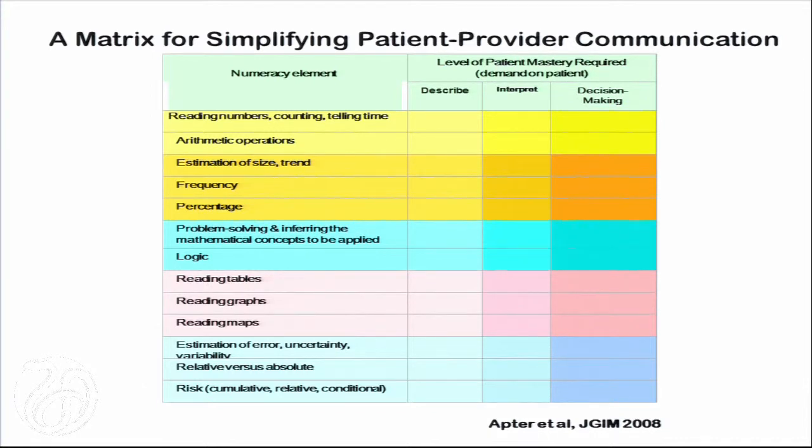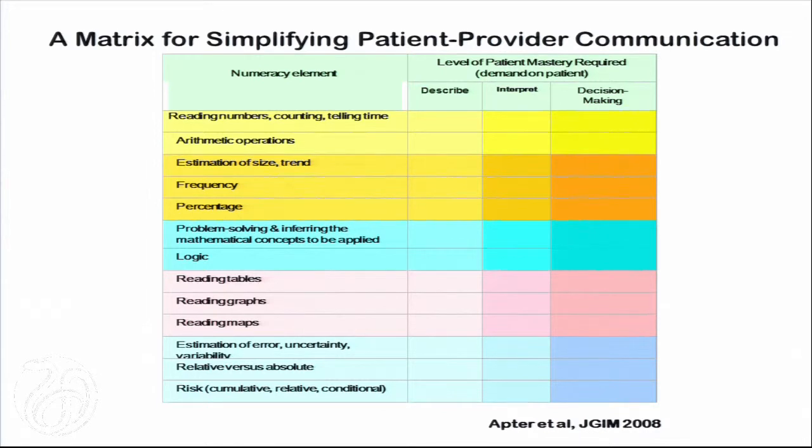So reading numbers is on the top, and things like risk perception is on the bottom. And then on the horizontal axis, we organized the level of mastery required in the communication. So descriptive information is the easiest to understand, and then interpreting, and then finally decision-making.